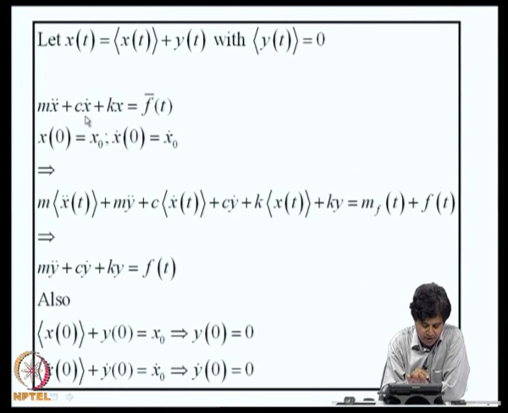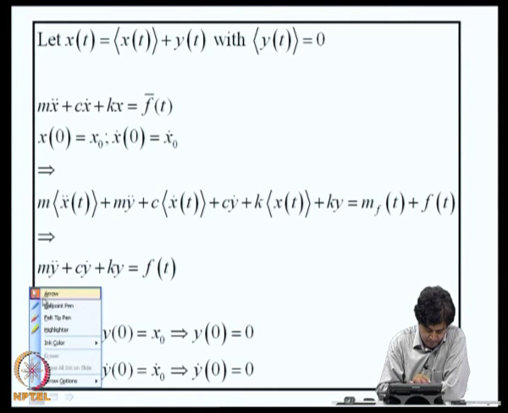Similarly, for c x dot I will have c into the expected value of x dot of t plus y dot of t. So, that is here. Similarly, for k x I will have k into the expected value of x of t plus y of t, and for f bar of t I will write m_f of t plus f of t.